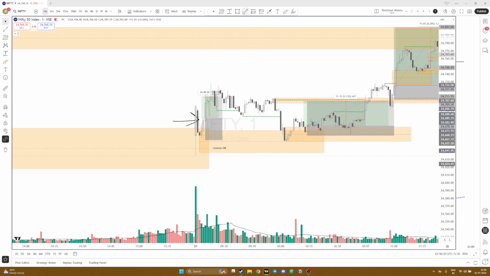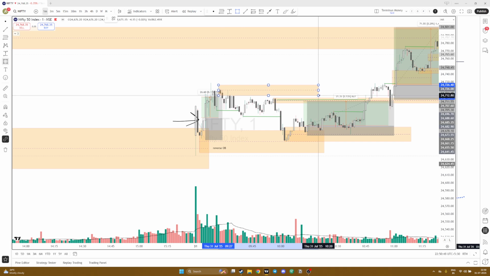And even before that, when these two continuation candles formed, I just exited it. So it was a quick 1:1. Yeah, 1:1 here.